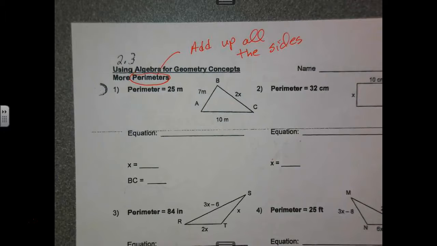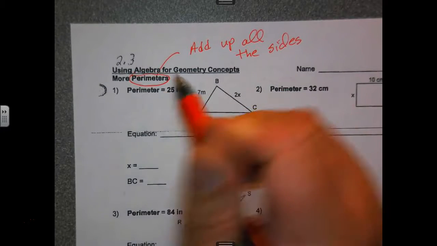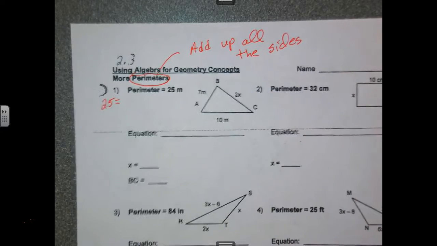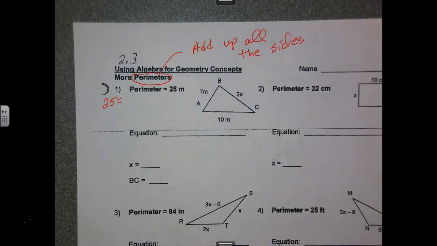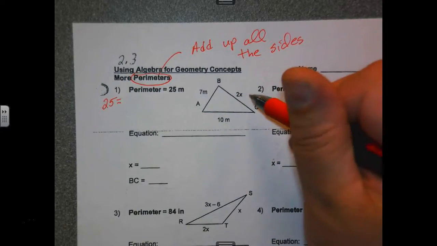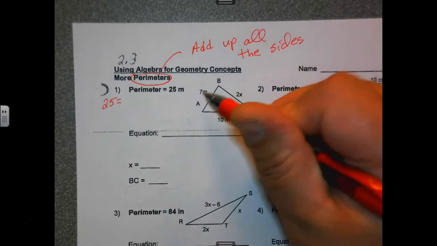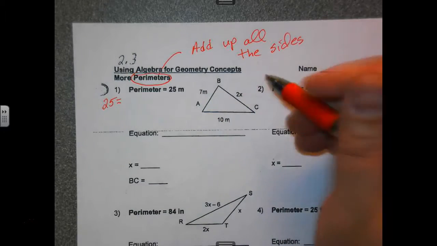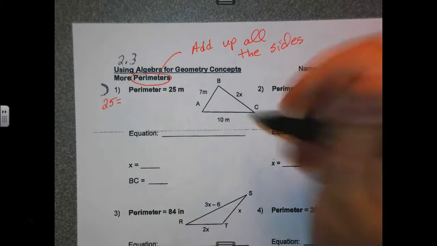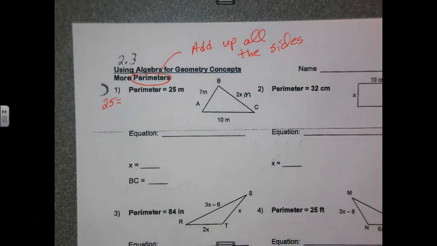Sometimes they give you the perimeter. So the perimeter is 25. And I'm just going to add up all the sides. This one's really kind of hard to understand. This is 7 meters, 10 meters. They actually forgot the meter label here. 2x meters.